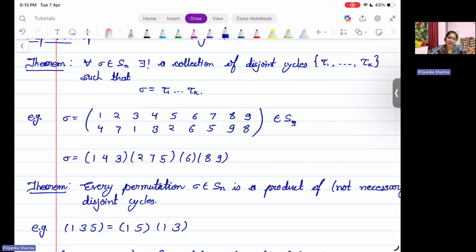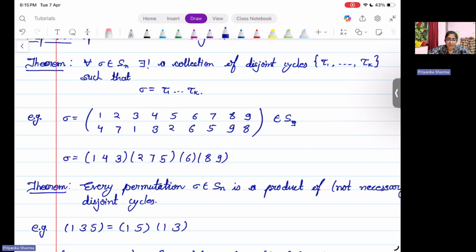Then the least element which is not a part of these two cycles is clearly the element 6, and 6 is mapped onto itself. So we will write 6 here. That's it. This is a trivial kind of cycle. Then we start from 7, sorry, 7 is part of the second cycle, so not 7, 8.